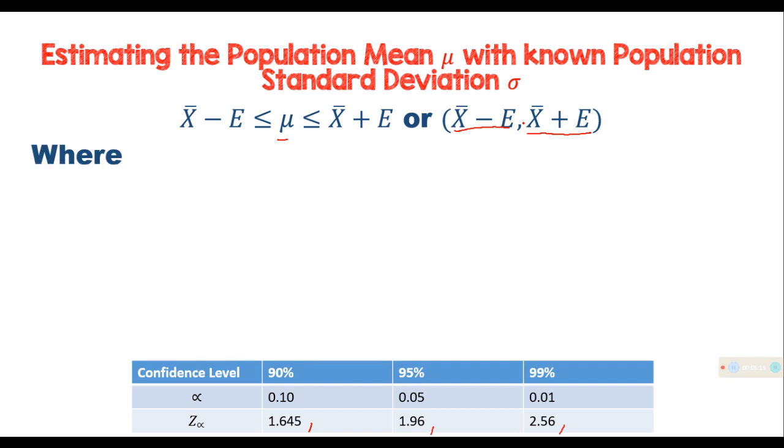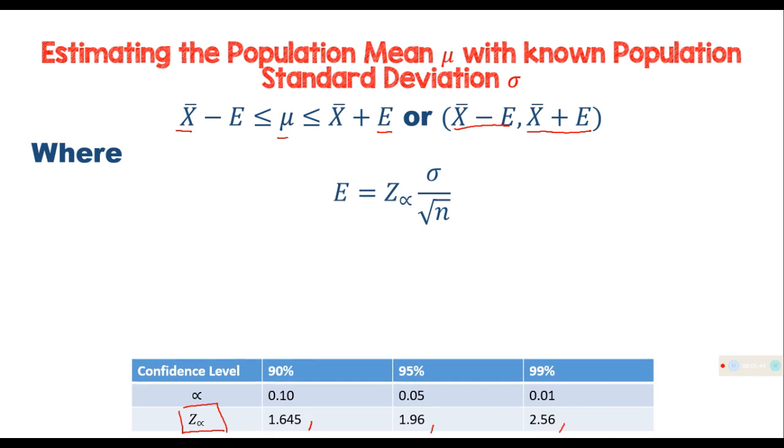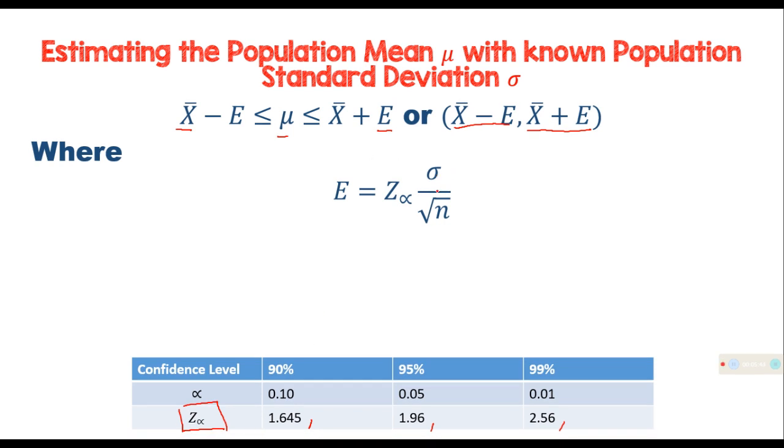Now, how do we find this margin of error E? Itong sample mean, madali lang naman to kasi marunong na kayong kumuha ng average, di ba? So, to compute for E, all you need is the value for Z alpha. I've already given you the value here. Ito lang siya. And then, for the sigma, sabi nga natin, known si population standard deviation.